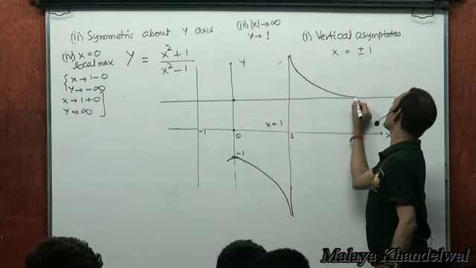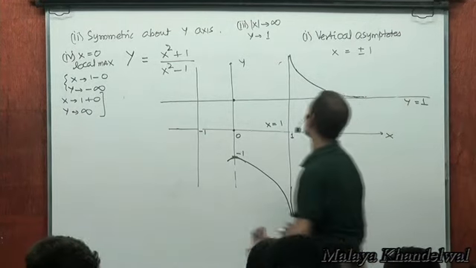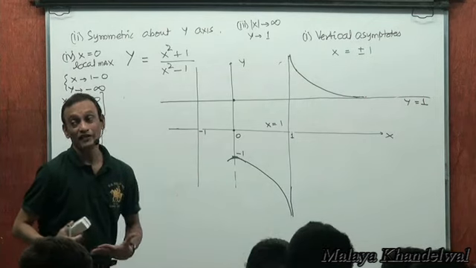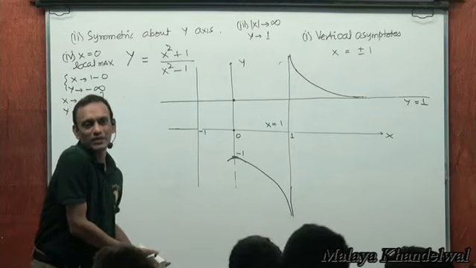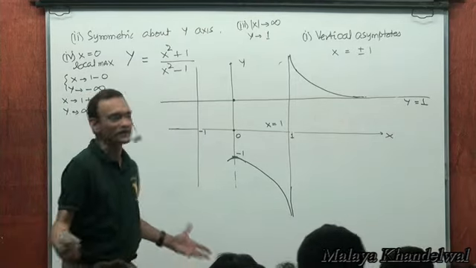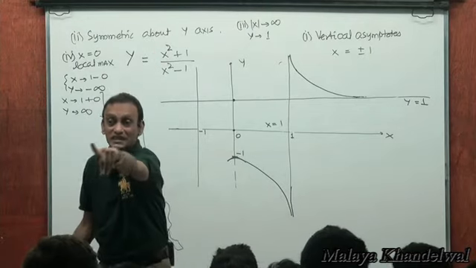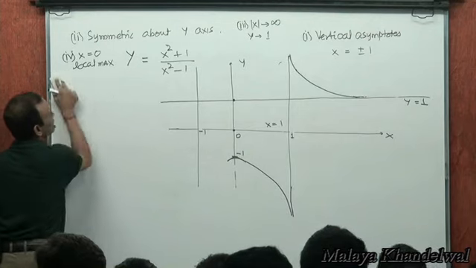It will come closer and closer to 1 this way. Now, we have drawn the curve to the right of the y-axis. And we know that it's symmetric about the y-axis. All that we need to do is reflect this about the y-axis to draw the remaining part of the curve. It's symmetric about the y-axis owing to the appearance of even powers of x. Very good.